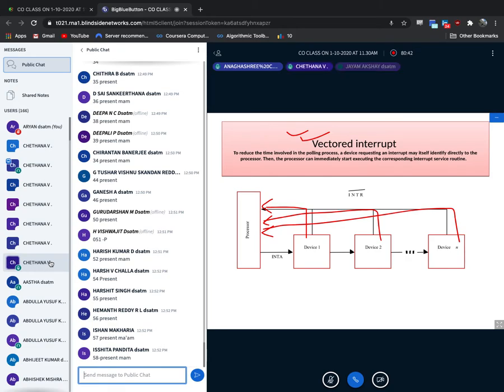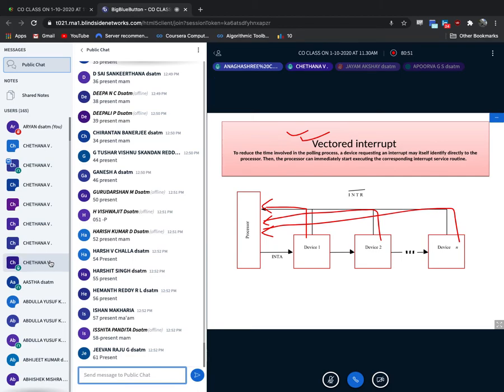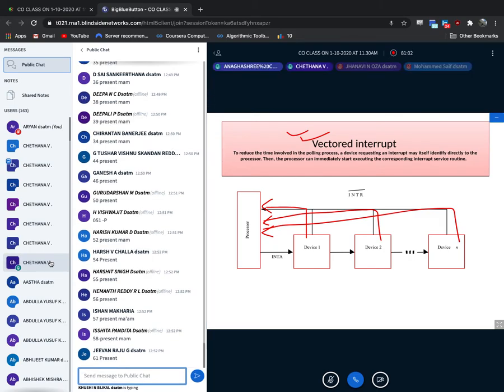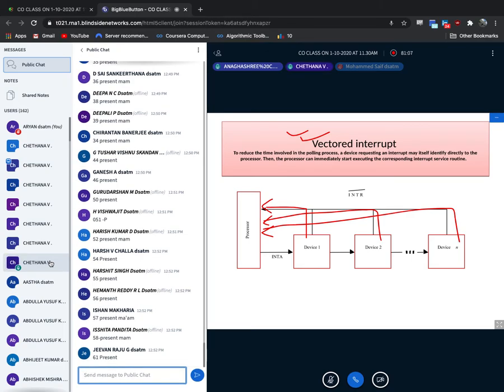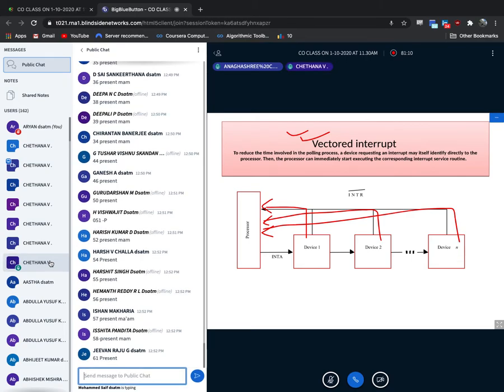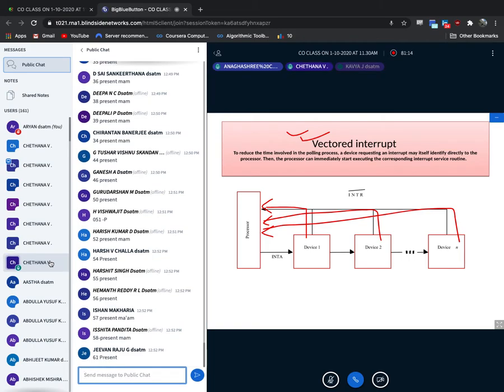Jayam. Present, ma'am. Jeevan Raju. Janvi. Present, ma'am. Anish. Present. Bhuvanesh. Kamal Nayan.